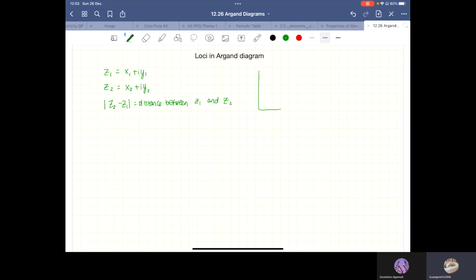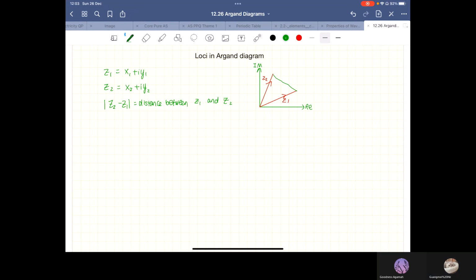So let's see visually how it is like. The real part. And this should be our z2. This is our z1. And where is the modulus of z2 minus z1?